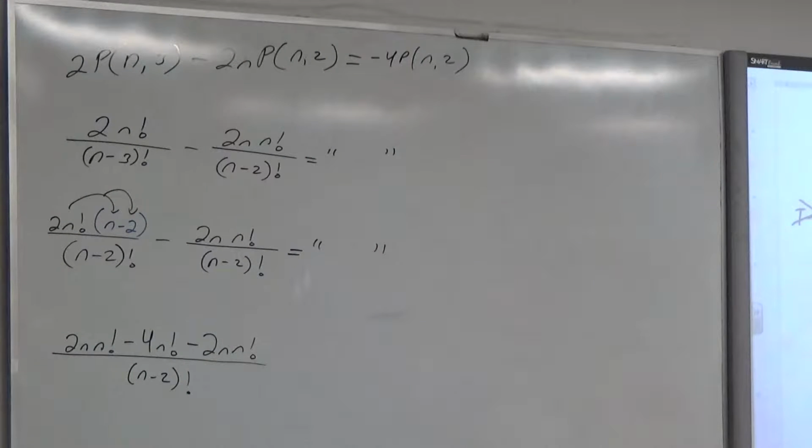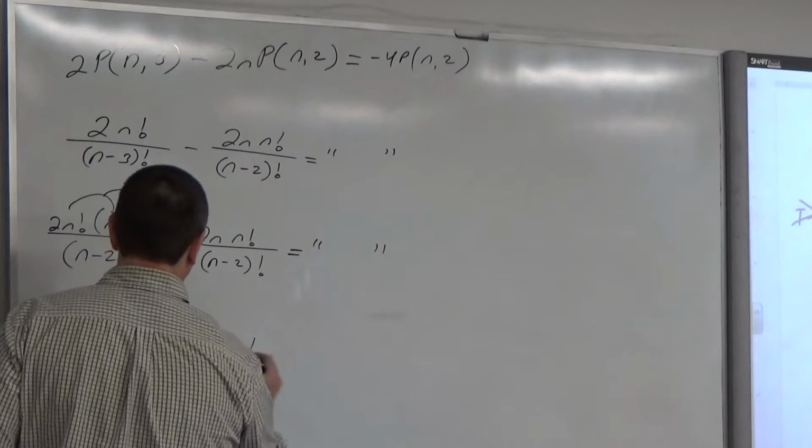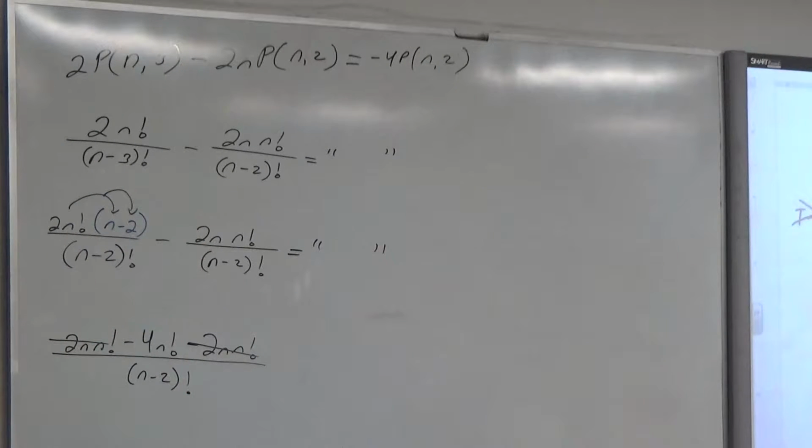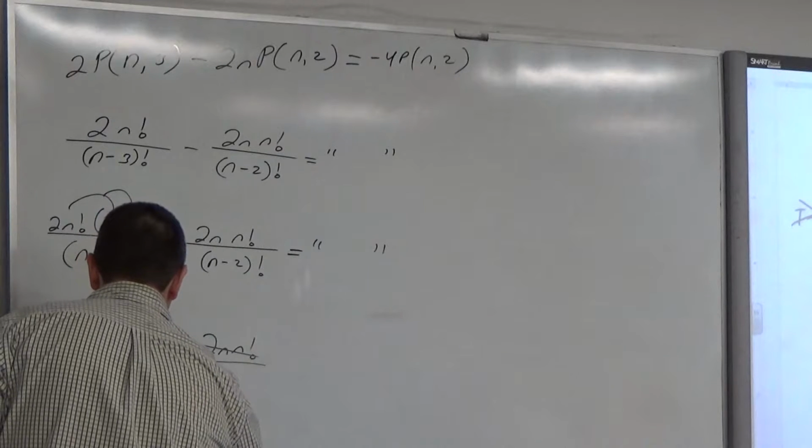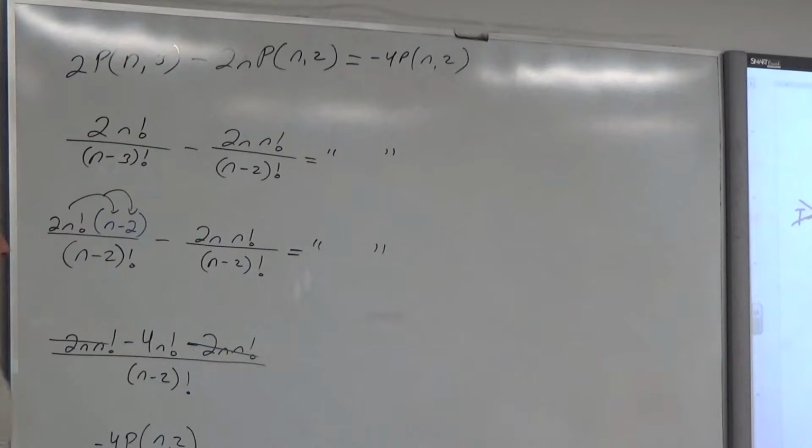All right, and John, I think you're exactly correct. You can obviously see that those 2n n facts are going to go away. Minus 4. Yeah, and the minus 4 you can just factor off to the front, and then the rest of it is just permutation n, 2. So this would be your negative 4 permutation n comma 2. It looked a lot harder than it actually was.